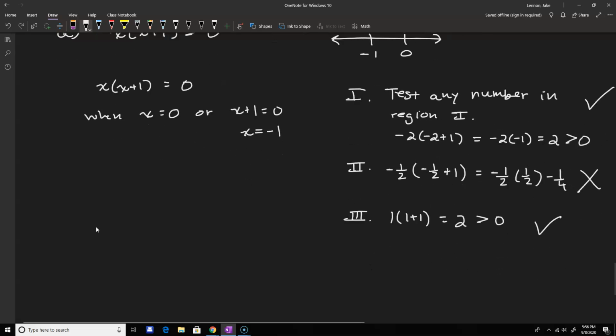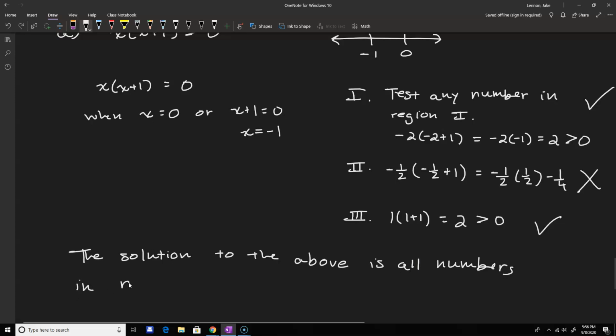So the solution to the above inequality is all numbers in regions 1 and 3.